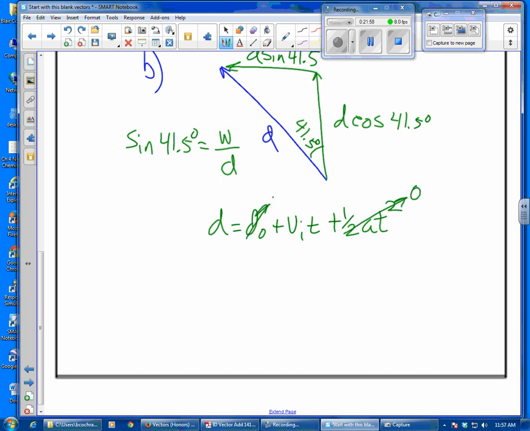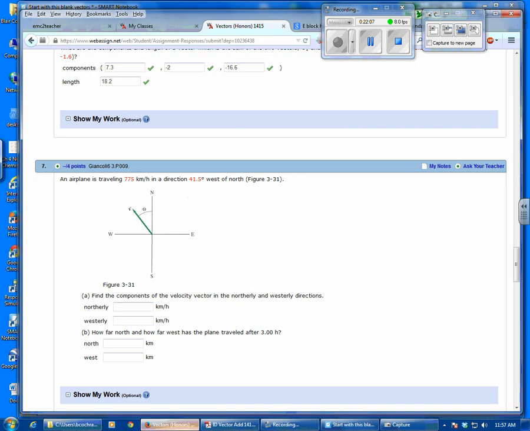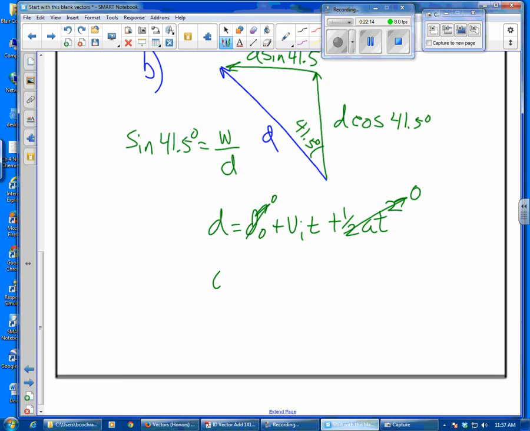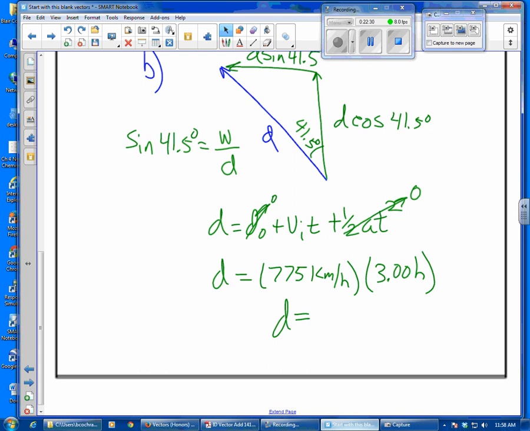I'll call where I started 0, and I'm left with D equals VT, right? So I want to find D. I'm told I travel for 3 hours at 775 kilometers an hour, so my D is going to be 775 kilometers an hour, and I do that for 3.00 hours. And I'm going to figure out what my D is.